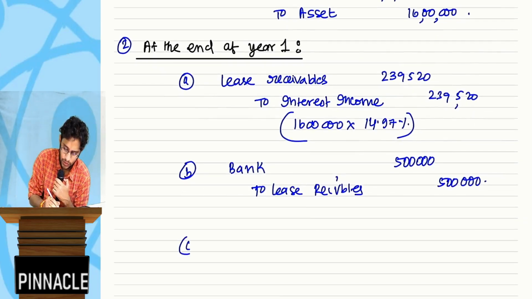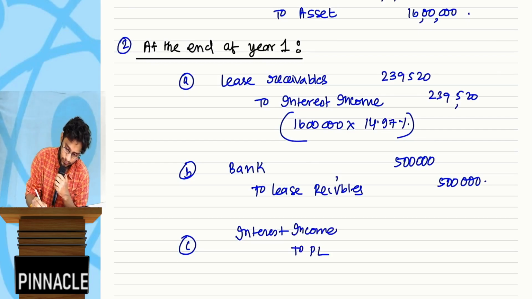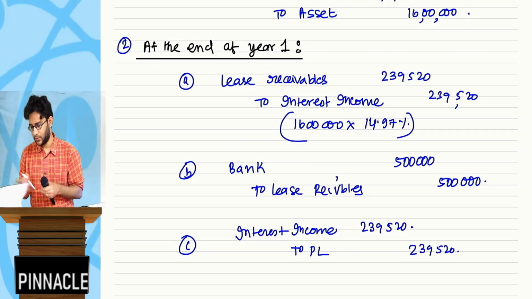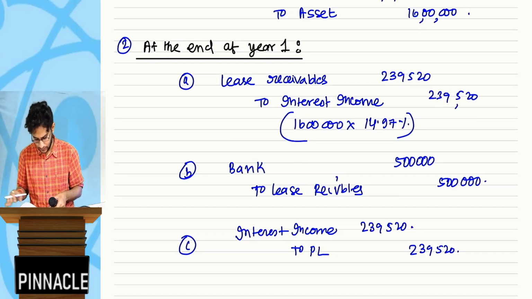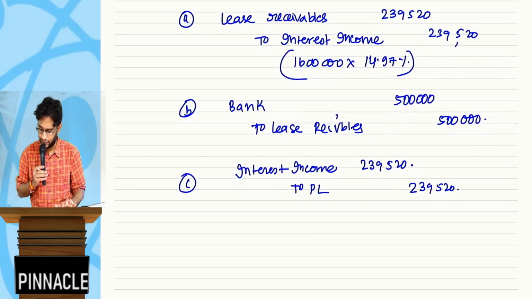I will not have any depreciation because I bought the asset and I gave up the asset. Interest income, just put it up in your P&L account. That's enough, sir. 1 year is more than enough.